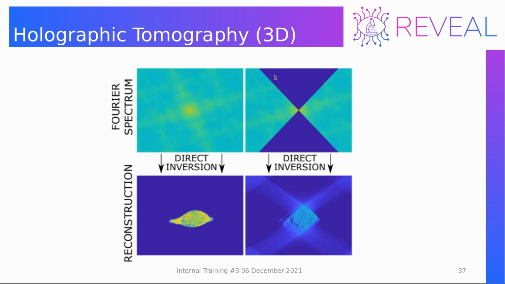And this is the case that we have to deal with in our measurements. Hopefully that explains why, when we sometimes show you the 3D reconstructions, in one direction they look much worse than in the other direction.